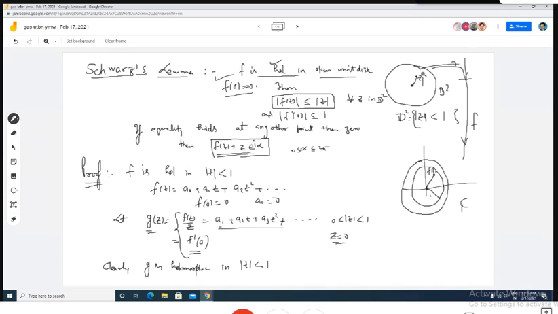So suppose r is the radius of a circle centered at origin, and this r is less than 1. So let us take r to be a real number which is less than 1 and greater than 0.